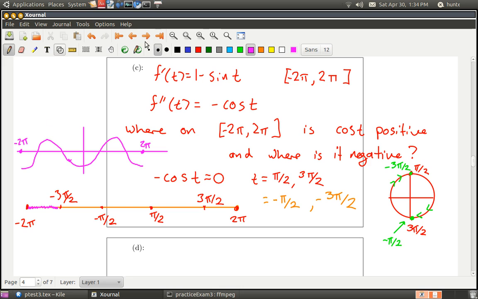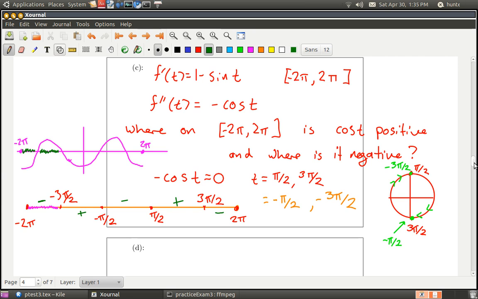So you can see that on this first part we have negative, right? And so on this next part the function negative cosine is positive. Whoops, don't know why I did that. Positive, and then it's negative again for this part, and then positive and negative.